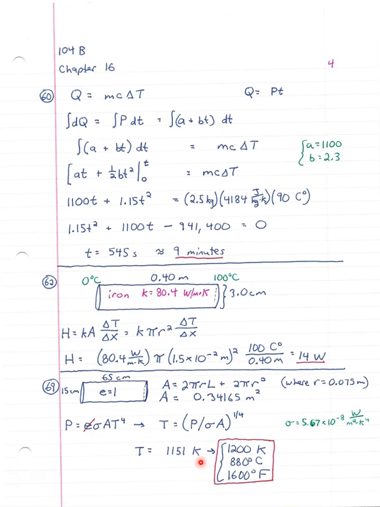When you solve for temperature, you should get P over sigma A, and it's the 4th root of that, or to the 1/4 power. You plug that in, you get 1151 Kelvin. Now I've just given it in various forms, so I've rounded in Kelvin to 1200. If we want Celsius, that's 880 degrees Celsius. If we want Fahrenheit, that's 1600 degrees Fahrenheit.